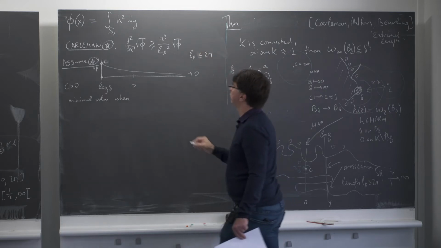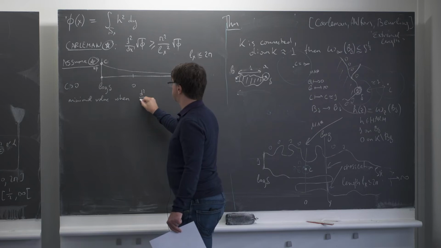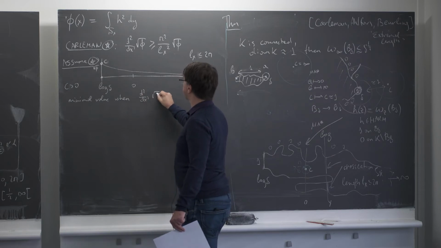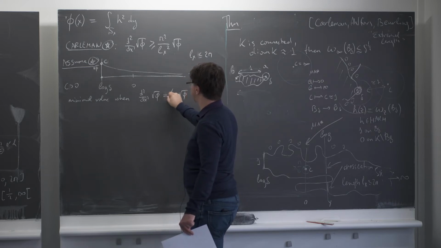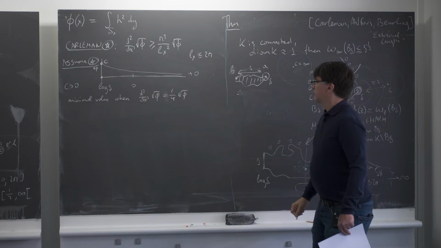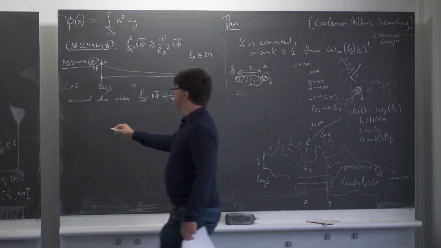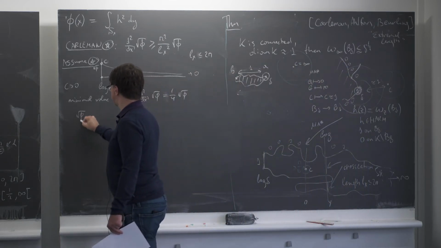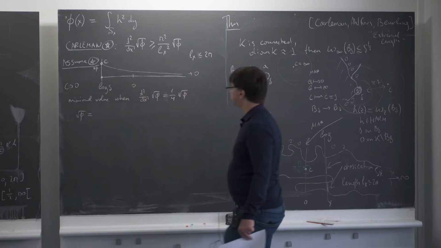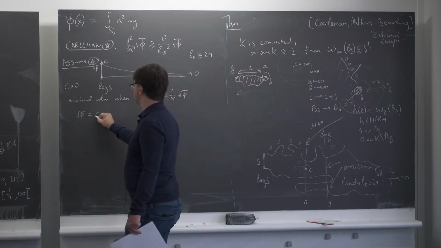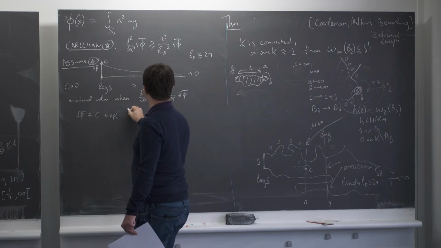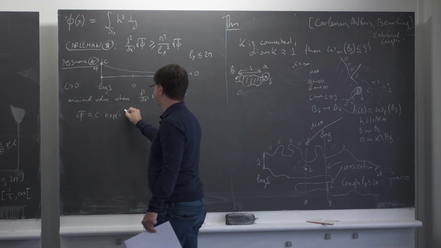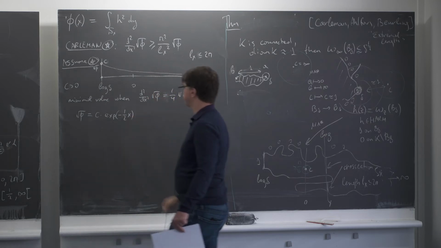So the minimal value is when the second derivative is equal to 1/4 of square root of phi. Well, this equation we can solve: square root of phi is equal to a constant times exponential of minus 1/2 x.